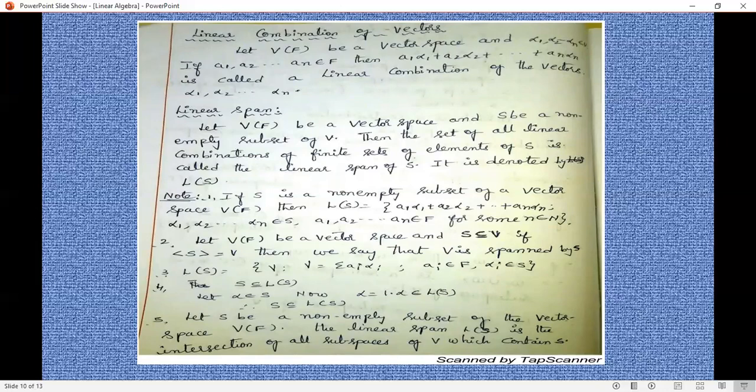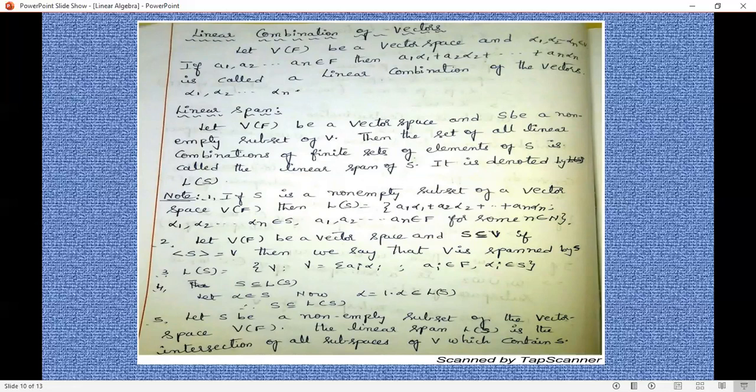Let V of F be a vector space and alpha 1, alpha 2, so on alpha n belong to V. If A1, A2, so on An belong to F, then A1 alpha 1 plus A2 alpha 2 plus so on An alpha n is called a linear combination of the vectors alpha 1, alpha 2, so on alpha n.